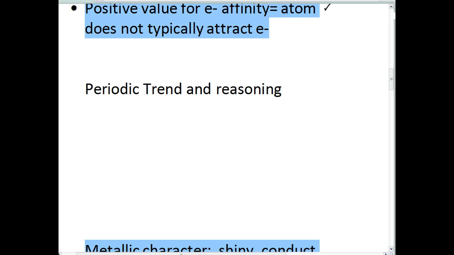So if we were to draw the periodic table here, and that's a rough drawing of a periodic table, and we were dealing with electron affinity values, basically what happens is as you go down, electron affinity generally, but it's not really much of a trend, gets less negative, or we could say more positive, meaning elements up near the top of groups tend to desire electrons more.